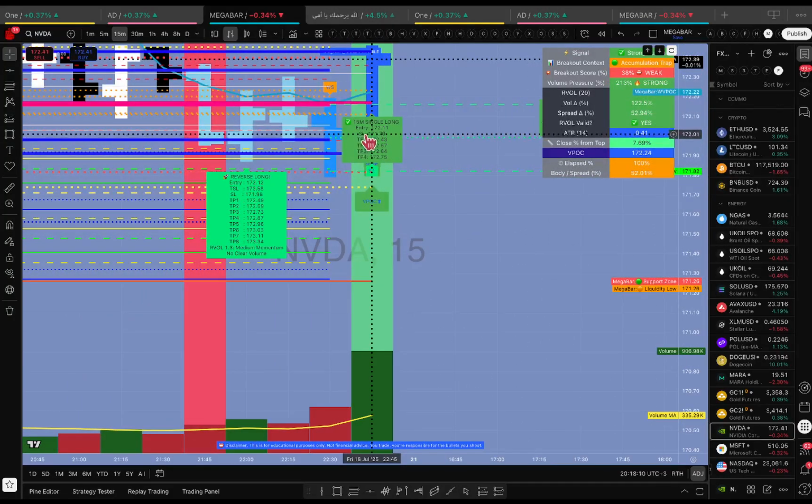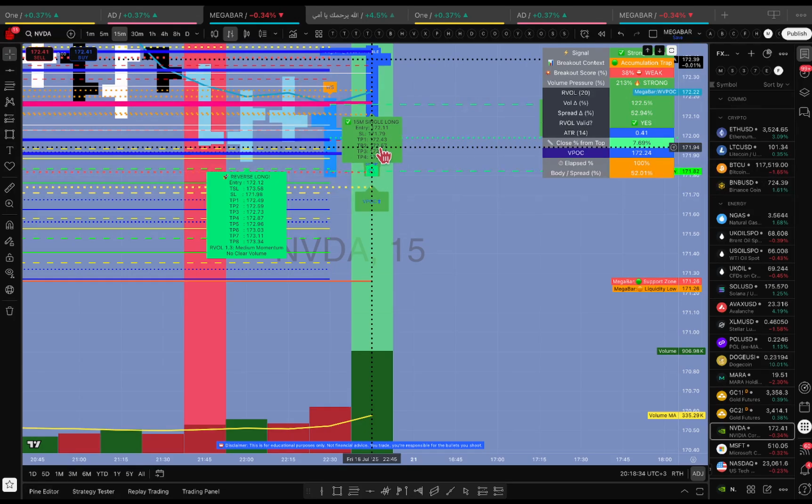A megabar is a bar whose volume is well above 1.5 times the previous 5 bars. It's like the rvol, relative volume. It's above 1.5.